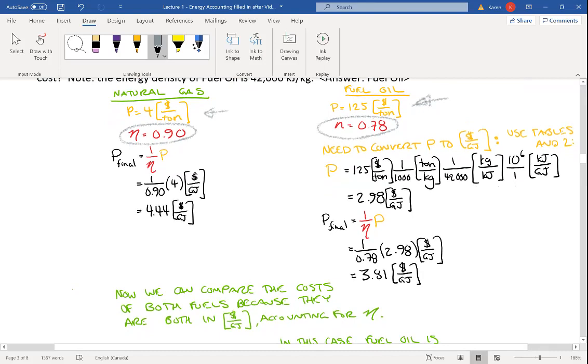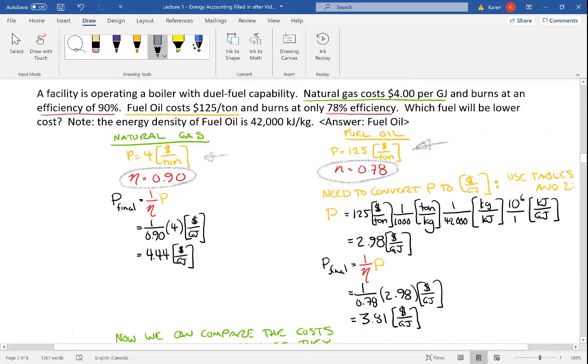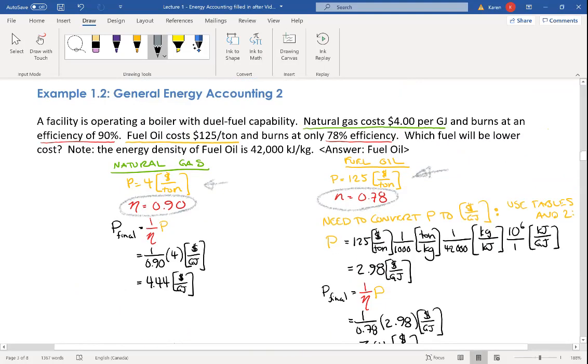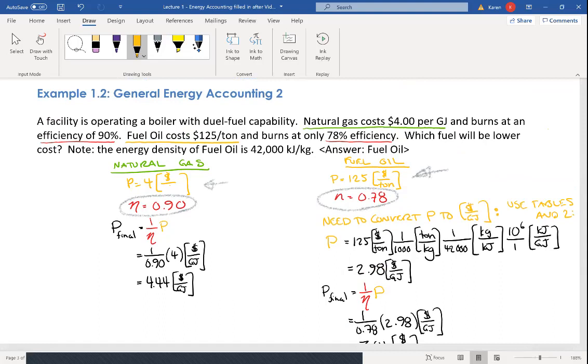So again, you need to apply the efficiency to this. And if I convert to dollars per gigajoule, and sorry, this natural gas is supposed to be per gigajoule because we didn't have to do any conversion here. So I can just say reduced by the efficiency factor.